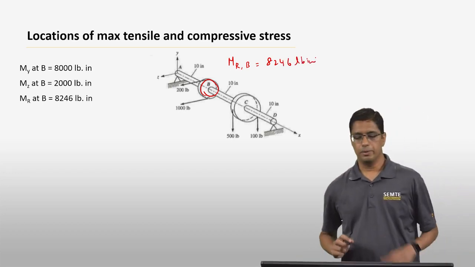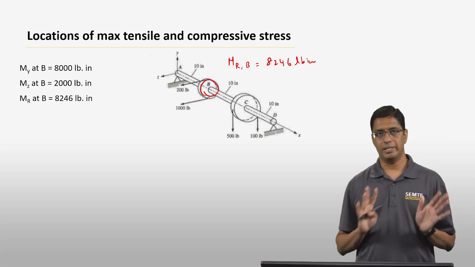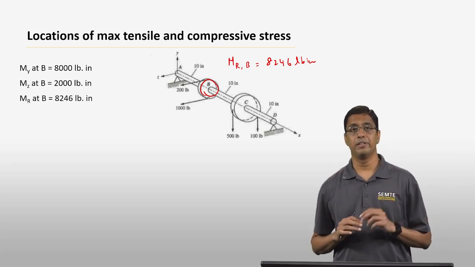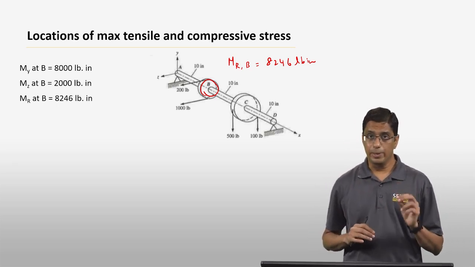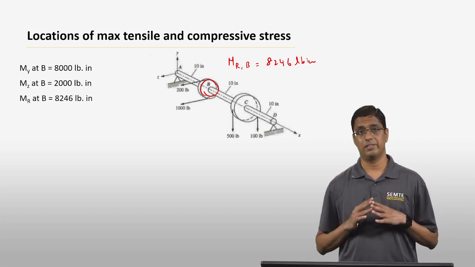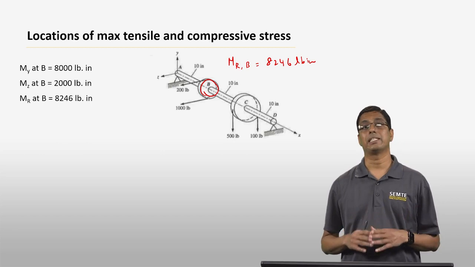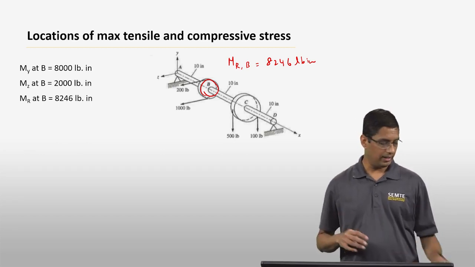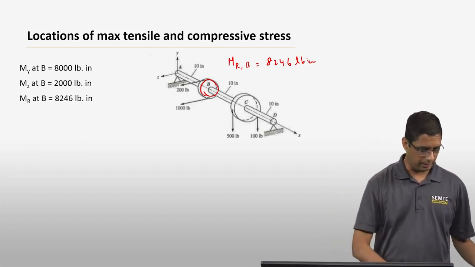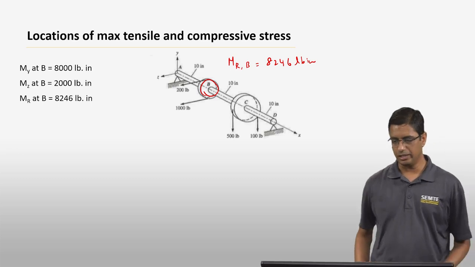Okay, so now that we have found out what the internal bending moment is, we have to still figure out what is the location on the cross-section of the shaft where you're going to have maximum tensile stress and maximum compressive stress. Okay, for that, it's actually helpful to draw the cross-section at this point B.